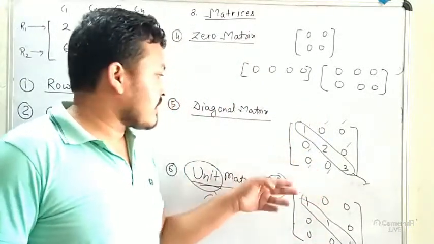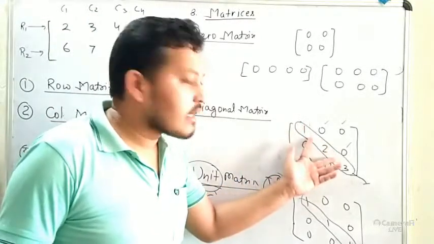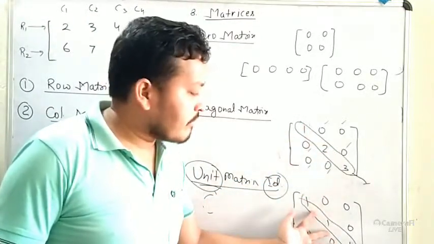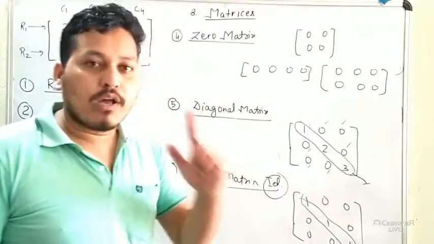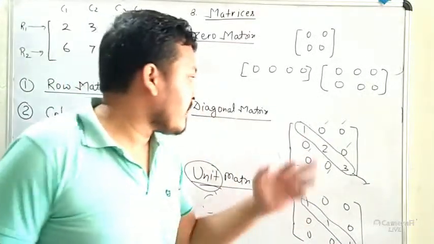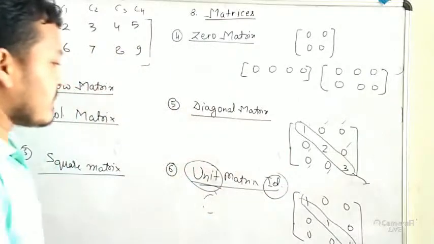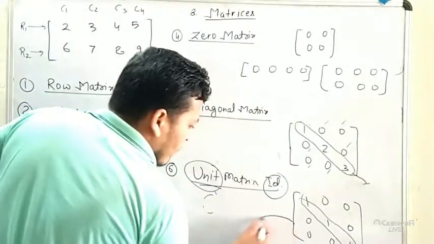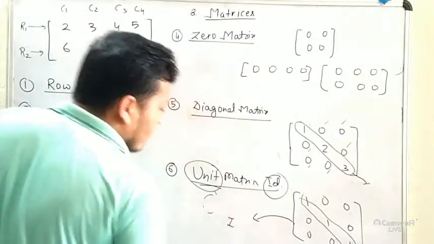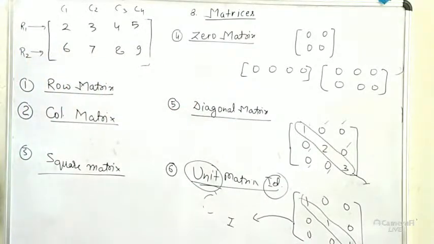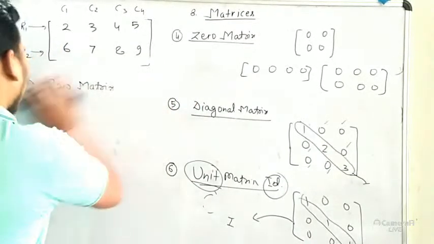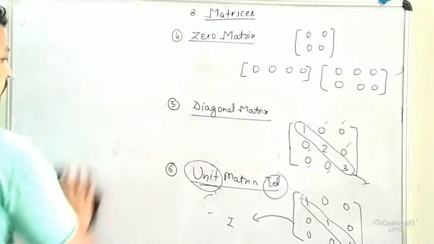This is the difference between the diagonal matrix and the unit matrix. And remember, the unit matrix and identity matrix are always denoted by I.